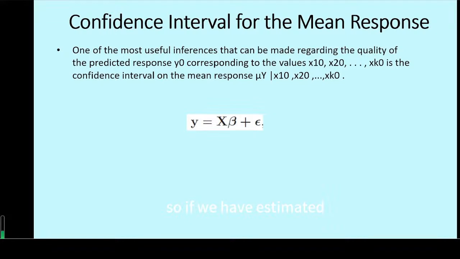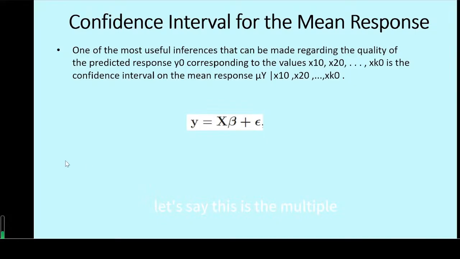In this video, we will talk about the confidence interval for the mean response in multiple linear regression. If we have estimated a multiple linear regression model, one purpose of using this model is to predict the mean response value from given independent variable values.